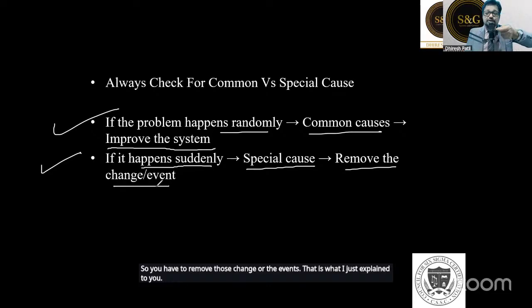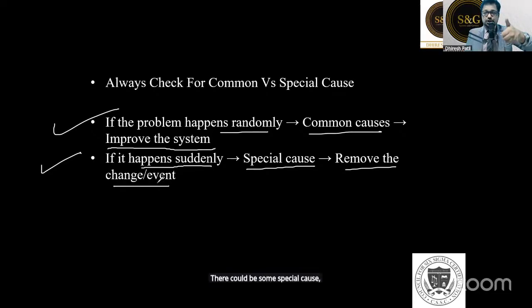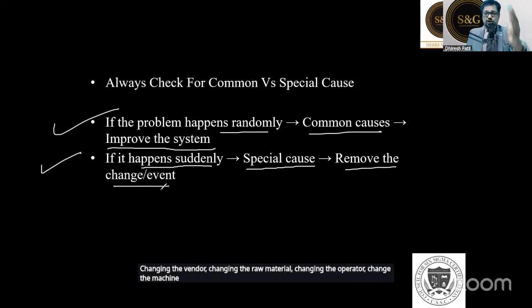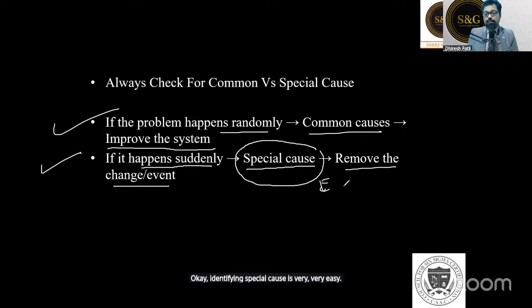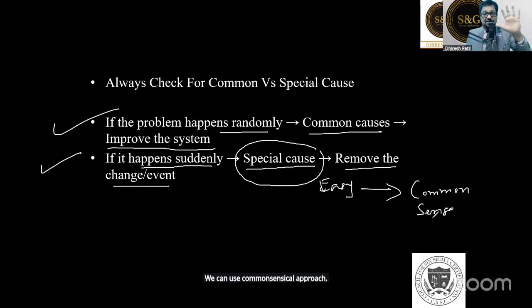There could be some special cause: a change in the vendor, the raw material, the operator, the machine, the SOP, or the customer requirement. Something has changed. That is called a special cause. Identifying a special cause is very, very easy. A commonsensical approach is sufficient to identify and eliminate it.